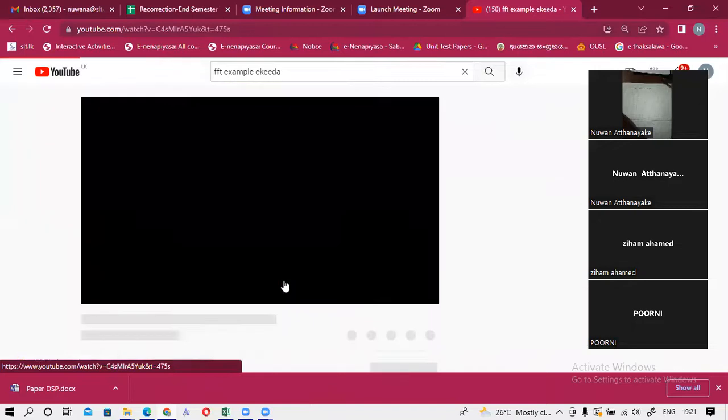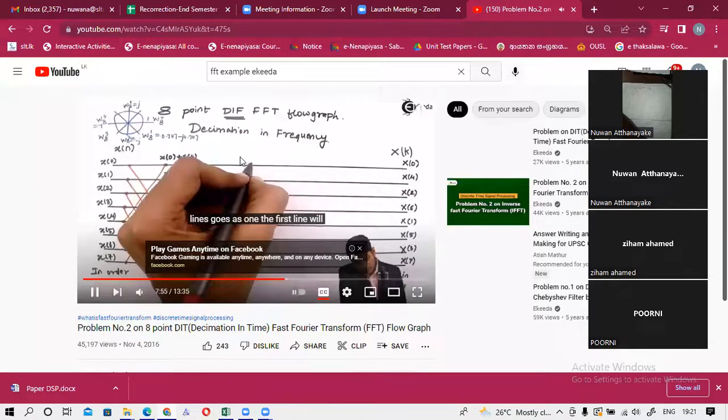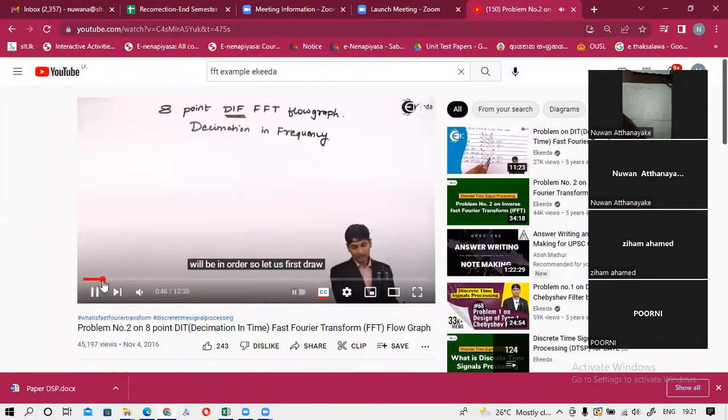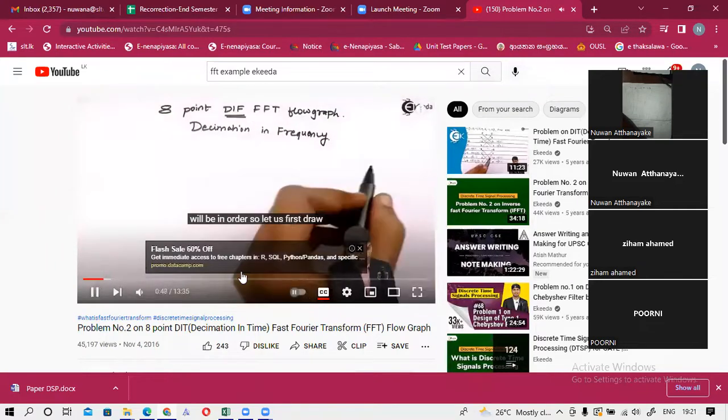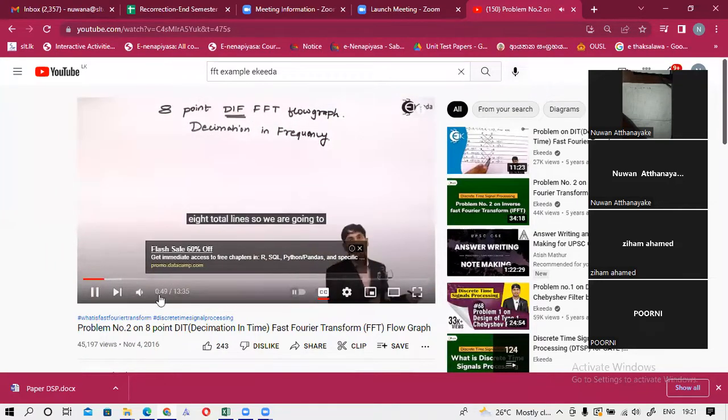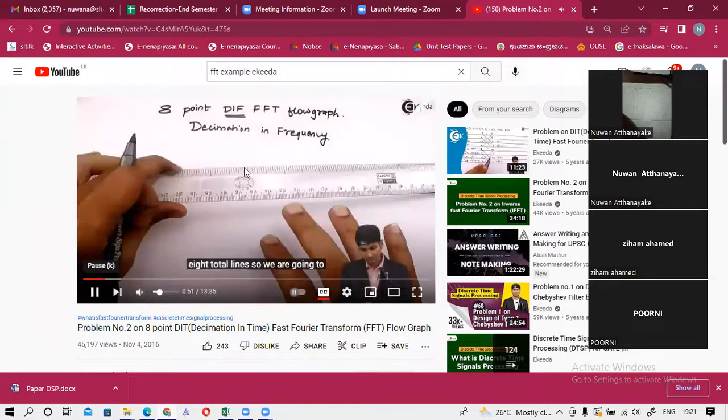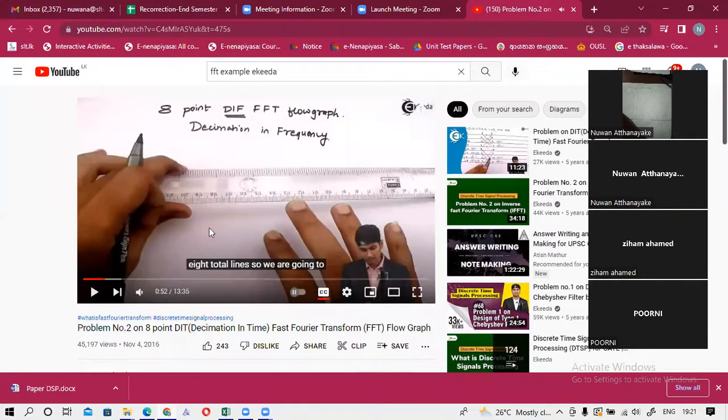So actually this is not decimation in time. This is decimation in frequency. This is regarding the decimation in frequency, so this is the other way. So there are two ways, DIT and DIF. The first example is related with the DIT, and this is related with the DIF, decimation in frequency.